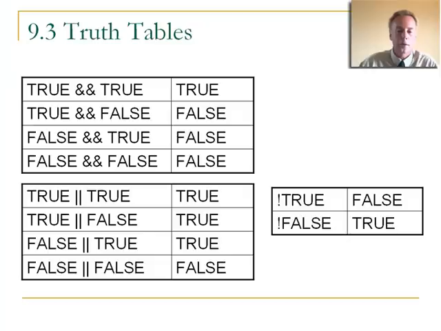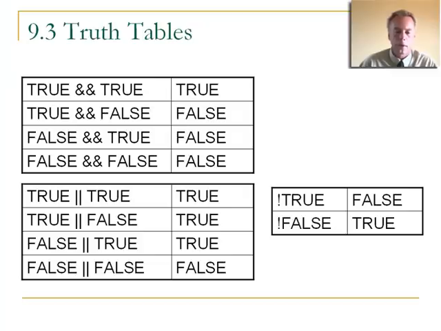So the and truth table is at the top of the slide, true and true. So if we're evaluating a condition where the left and the right operands are true, and we and those together, then the result is true. With the and operator, in all other cases, it evaluates to false. So with and, both of them must be true in order for the result to be true.